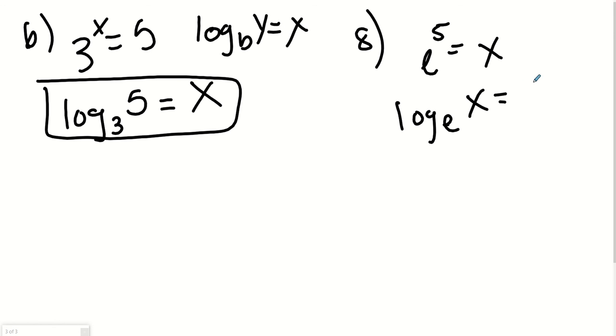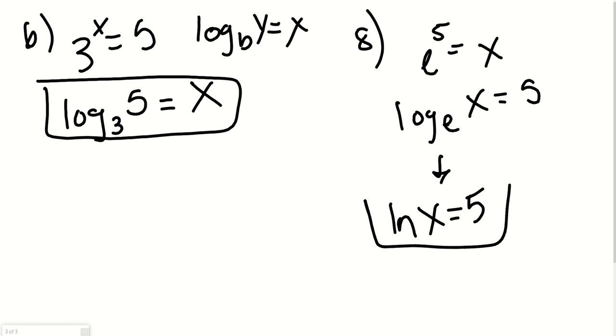So we have 5 here, so we're going to put 5 here. Now, whenever you have e, remember we said that's the natural base when we had class. We did that a while back. So that converts to something we call natural logs. So we're going to put ln of x equals 5.